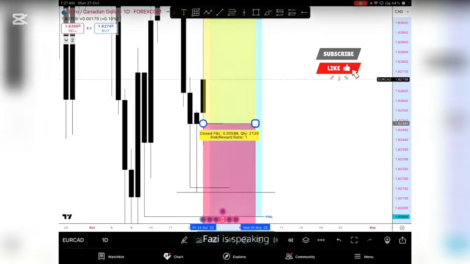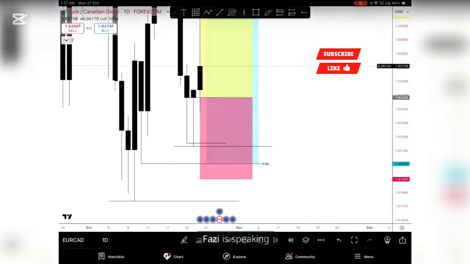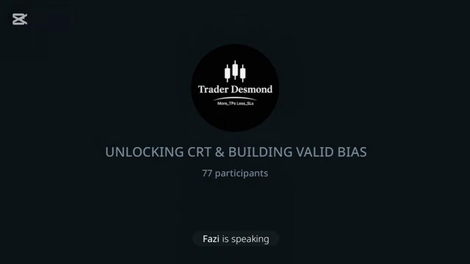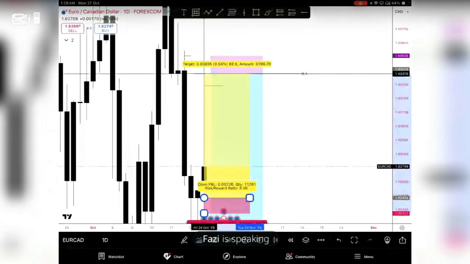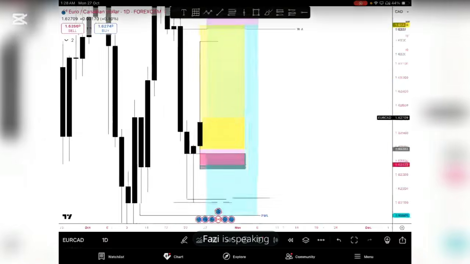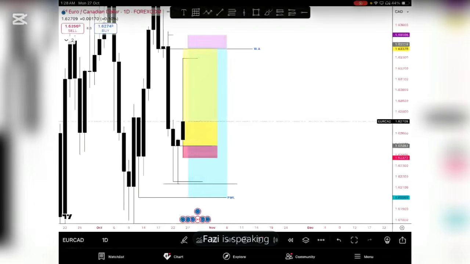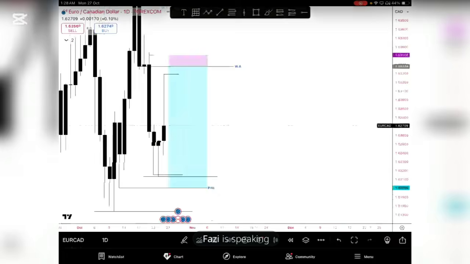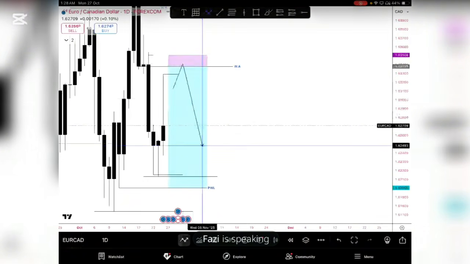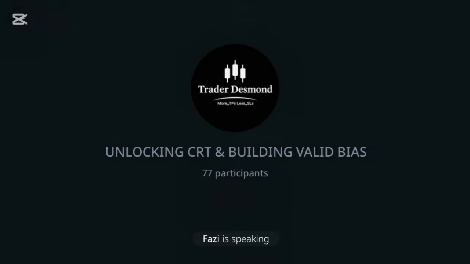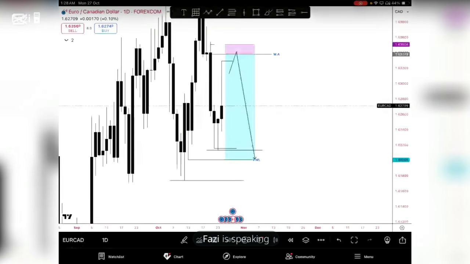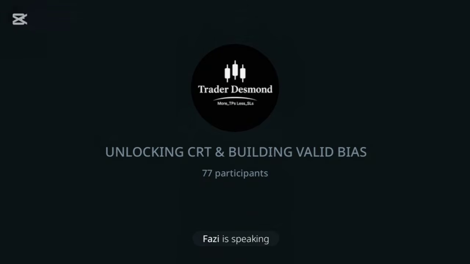If you see my channel post, I have taken this type of buy and I will target the weekly A-shaped level. So my buys are still running here. We will look at Monday. If you are looking for sells, you can wait for this area to continue here like this. Understand? This is what we are looking at on daily on Euro CAD.